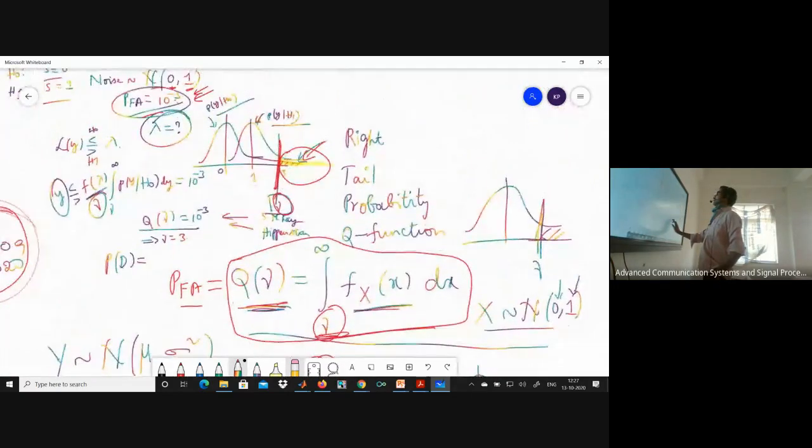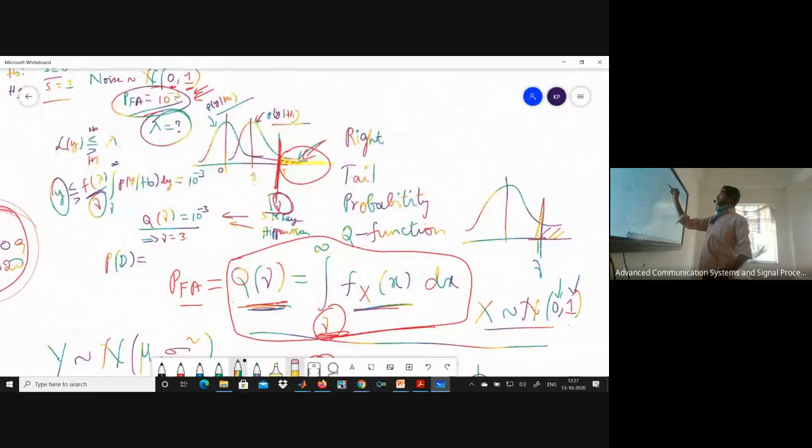As I told you, this right tail probability is indicated with Q of gamma, and this is linked with the complementary error function, and that's what I have written over here.